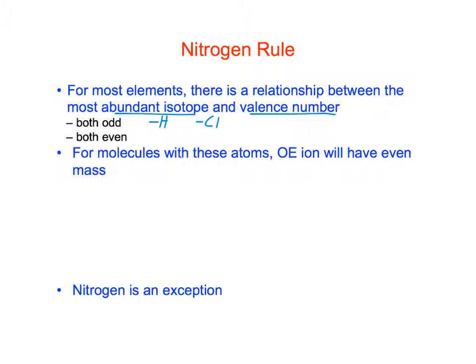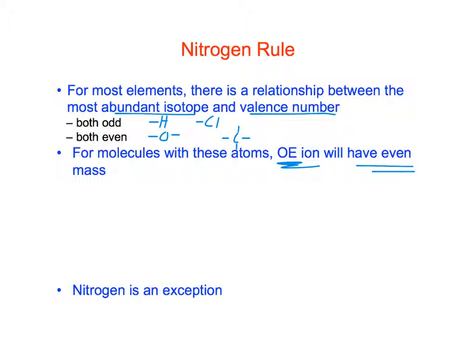Or they could be both even, so this could be something like oxygen, which makes two bonds and has an isotope of oxygen 16. We have carbon, same thing. For these situations, when we have an odd electron ion, they will have an even mass.